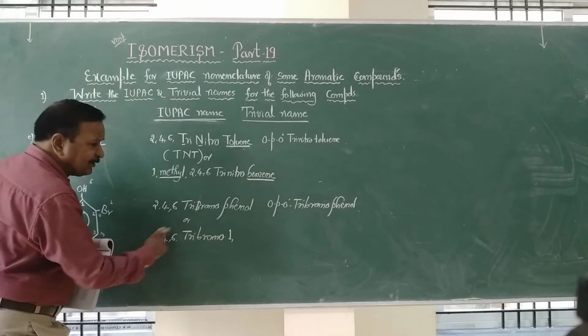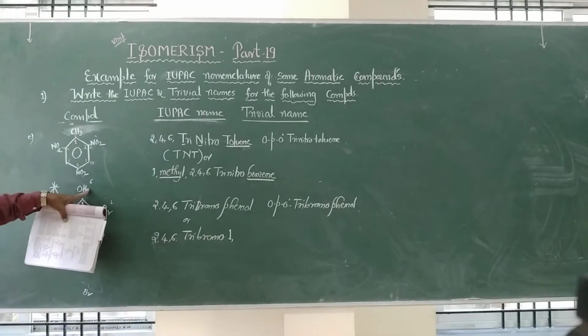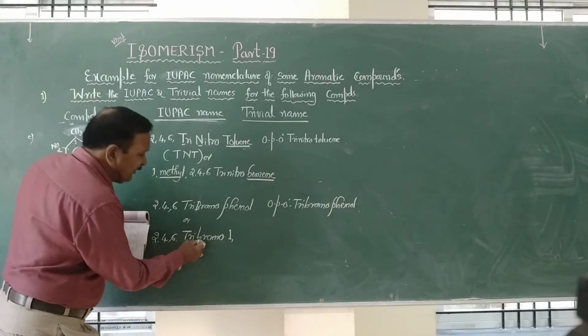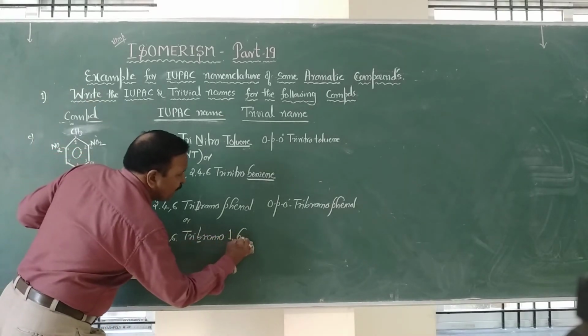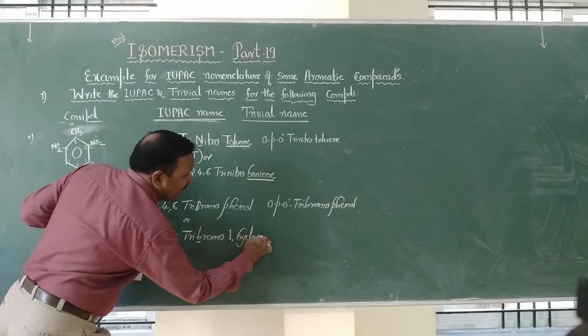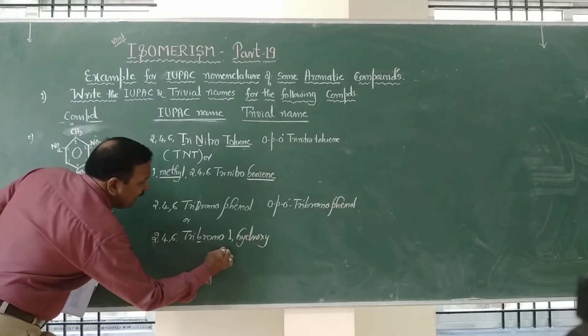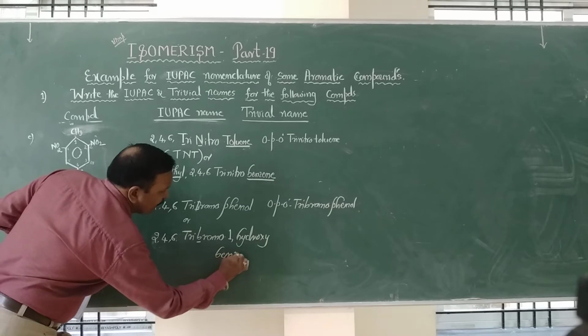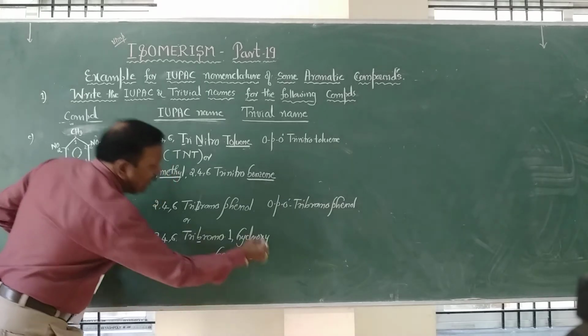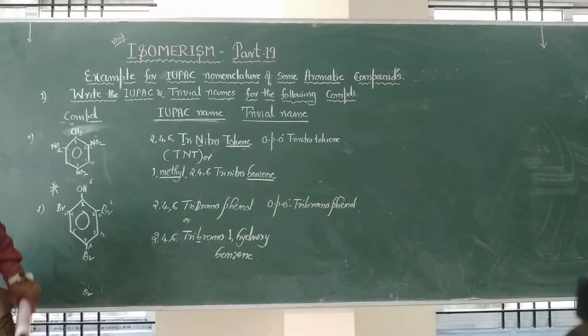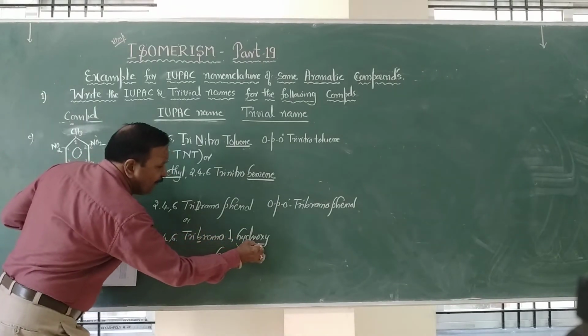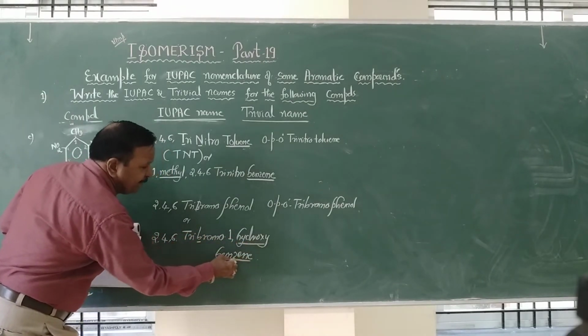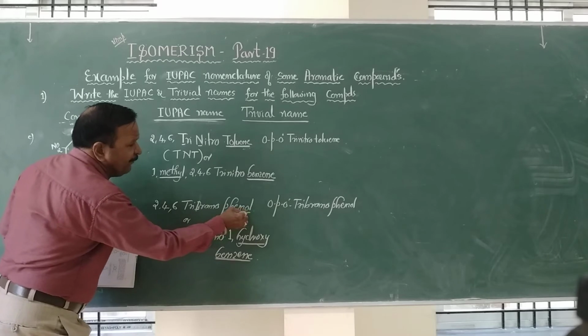So 2 comes first, 1 will come afterwards because of alphabet. Okay, B comes first, H comes afterwards. 1 hydroxy benzene, and hydroxy benzene is nothing but phenol.